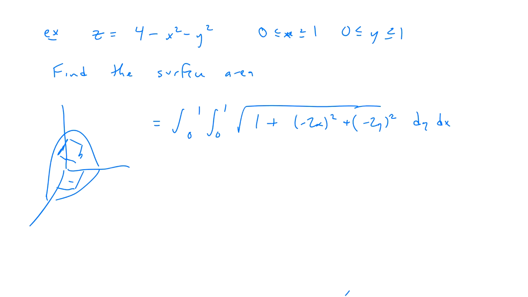And like most of these where we're looking at square roots of sums of squares, it's not going to be a nice integral. So I would just ask you to set up. And you can see that it doesn't really matter which way I did the cross product, because if they were negatives, it would still be 1 plus 4x squared once I squared it out. Okay, so any questions on this?